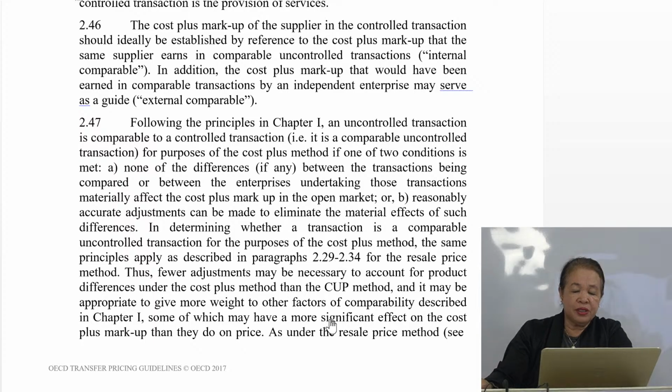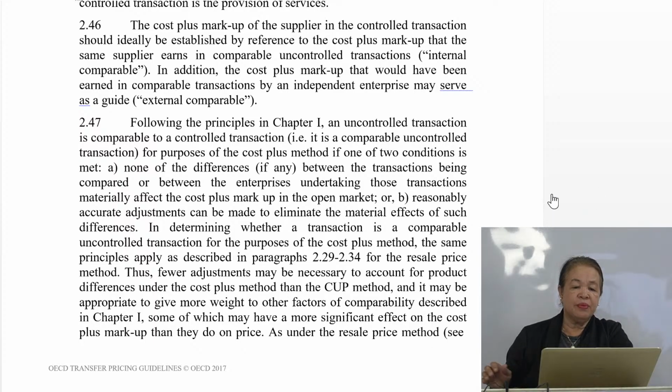Following the principle in Chapter 1, an uncontrolled transaction is comparable to a controlled transaction for purposes of the cost plus method if one of two conditions is met. Okay. So ano yung two conditions?